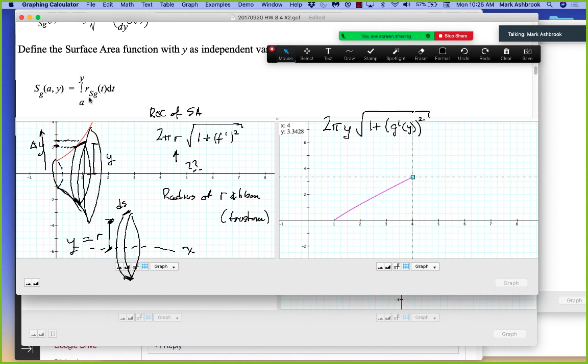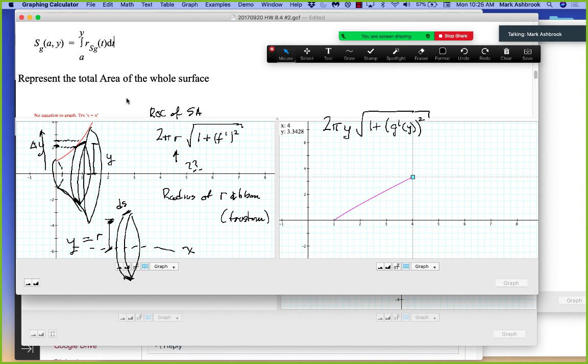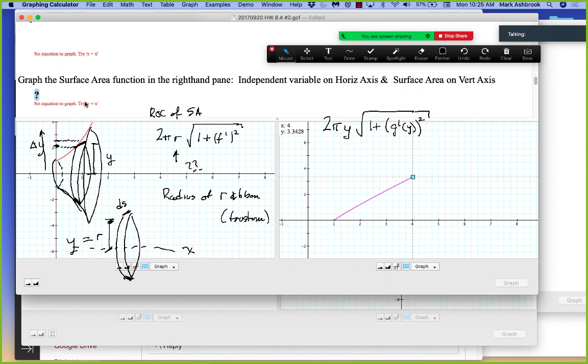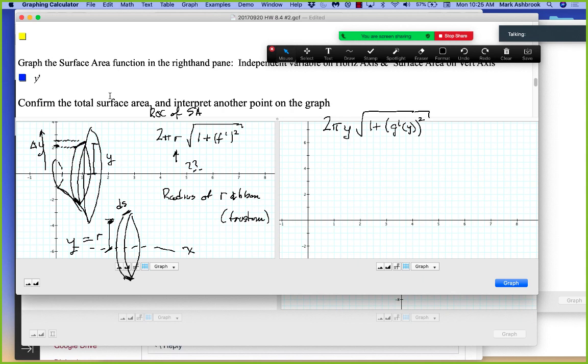So then I can use that to define surface area. And again, I want to put the surface area function over here with y values here and my surface area on the y-axis. How do I do that? So what do I want my y-axis to be over here? Do I want it to be the independent variable y or values of surface area up here?